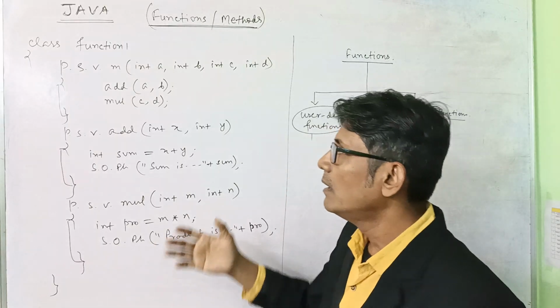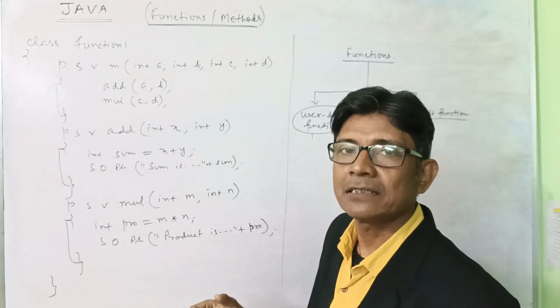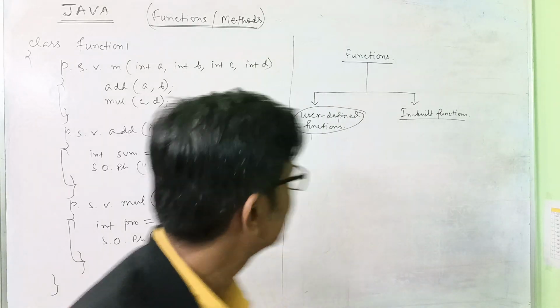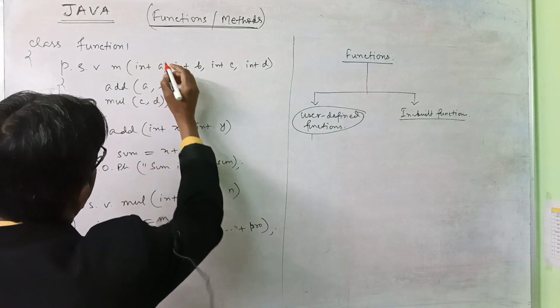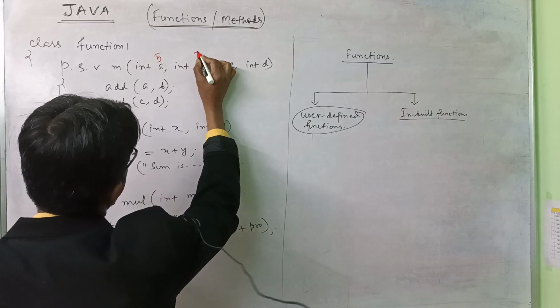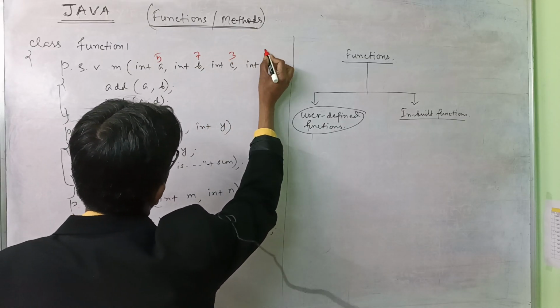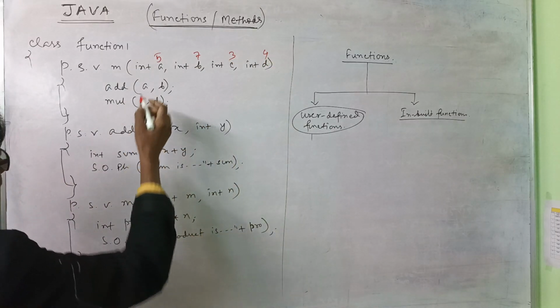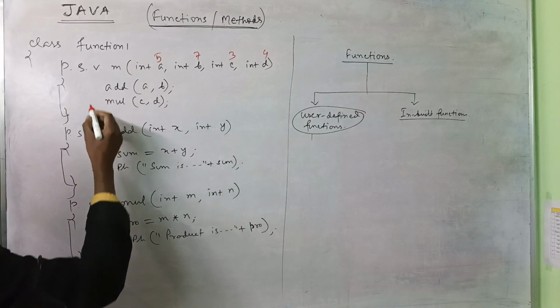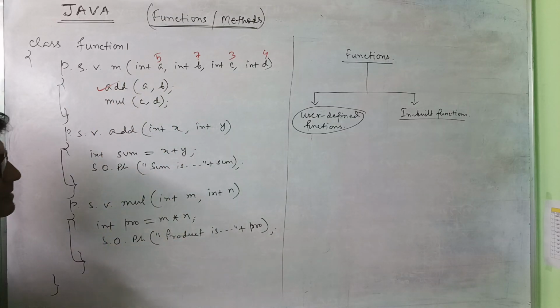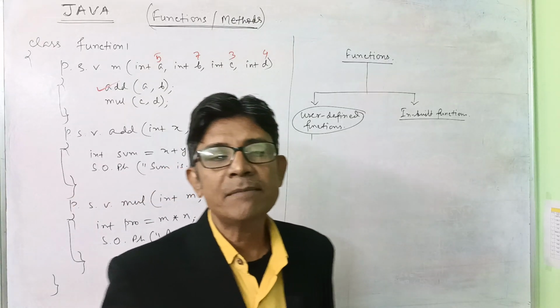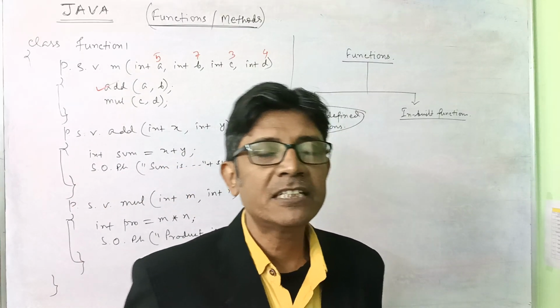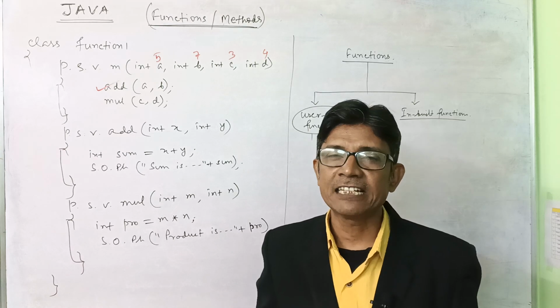Okay, so this is the way you can understand the program. Suppose here you have taken 5, here 7, here 3, here 4. So these 4 numbers in the main, and this is the function name. You see that functions can have a return type, and sometimes we will use them without a return type also.